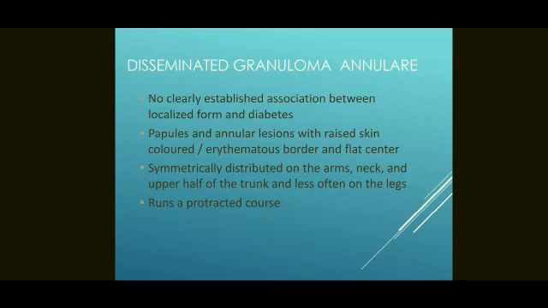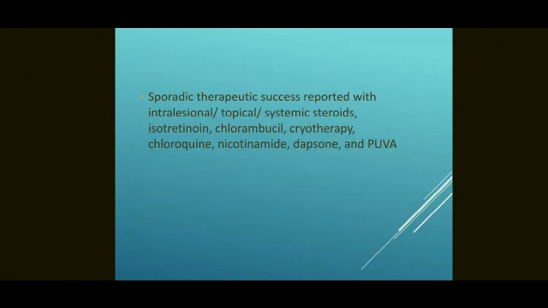Disseminated granuloma annulare, there is no clearly established association between the localized form and diabetes. Clinically, it presents as papules and annular lesions with red skin colors, erythematous border, and a flat center. Symmetrically distributed on the arms, neck, upper half of the trunk, less often on the legs. It runs a very protracted course.